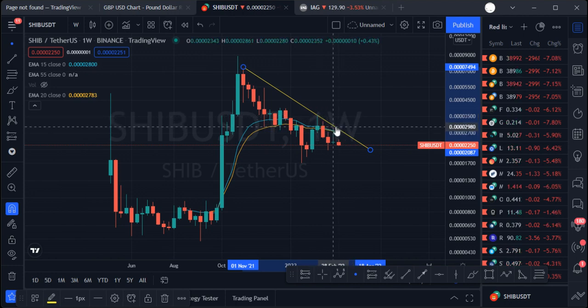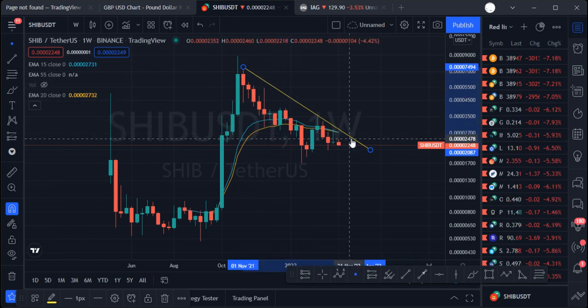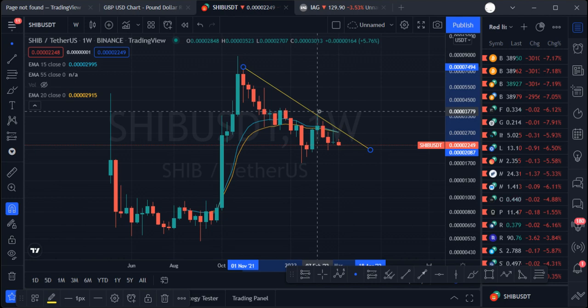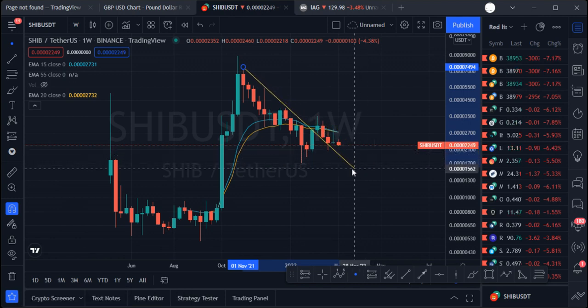Draw a line from A to B, there to there, and follow it through. Keep following it through, and as you can see, it's come from A down to B, and then more or less almost C. So the more touches there are on one of those lines, the more valid it becomes, the stronger, more reliable that line becomes.